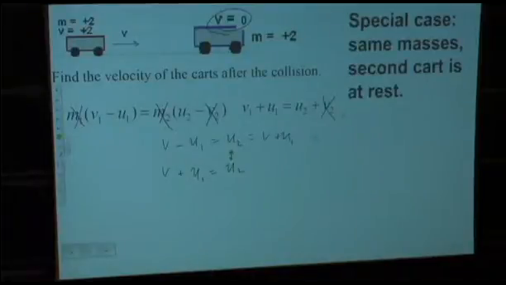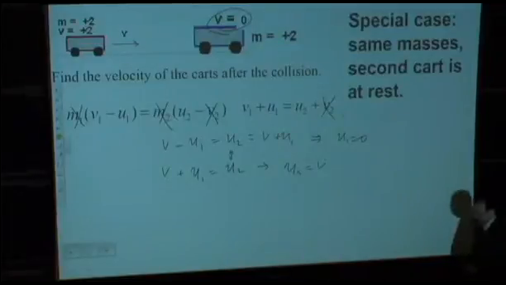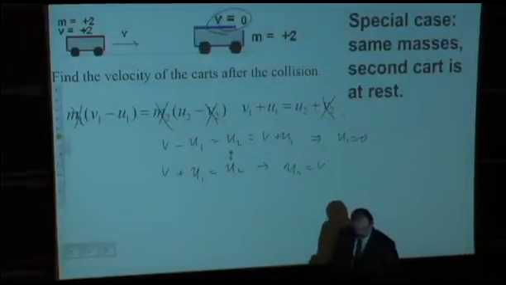The result is, you solve it, u1 equals 0. What does it mean? It stops. But now, hence, u2 will be equal to the initial velocity of the first cart.